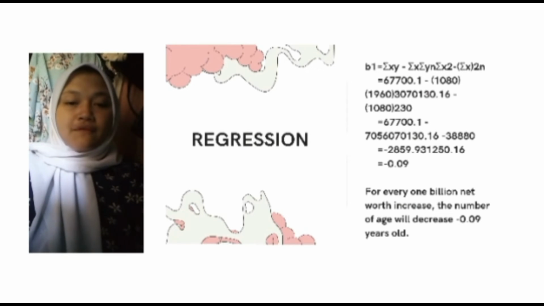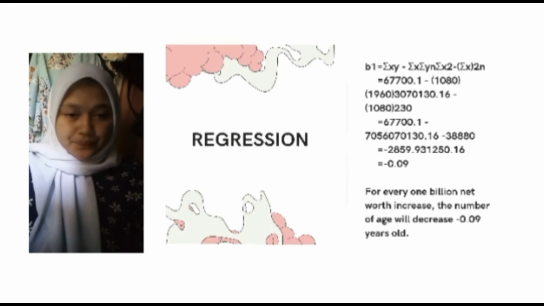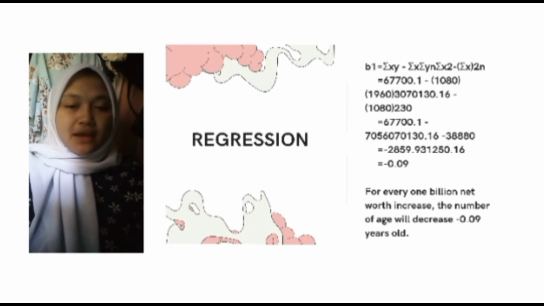For estimating the slope of the line, we will use this formula: 67700.1 minus 6080 multiplied by 1960 multiplied by 3070.130.16 minus 1080 multiplied by 213, and we will get 67700.1 minus 7056070.130.16 minus 38880, and we will get negative 2859.931250.16, and we will get negative 0.09.